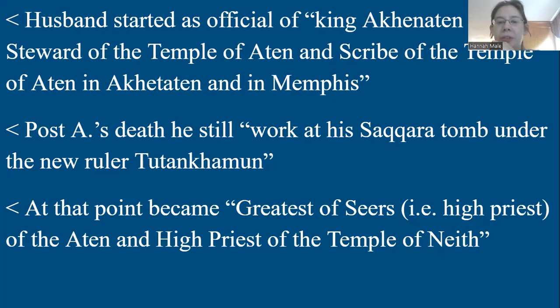And he also worked for the new ruler Tutankhamun, and then he became the greatest of seers under Aten, i.e. the high priest of Aten, but he also then became the high priest of the Temple of Neith, because one of the things that Tutankhamun did was he brought back the worship of the traditional deities as well.